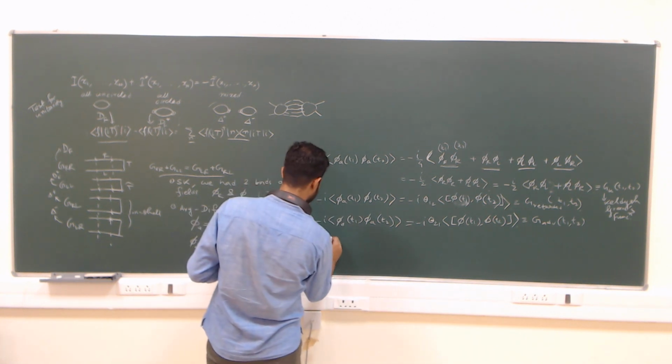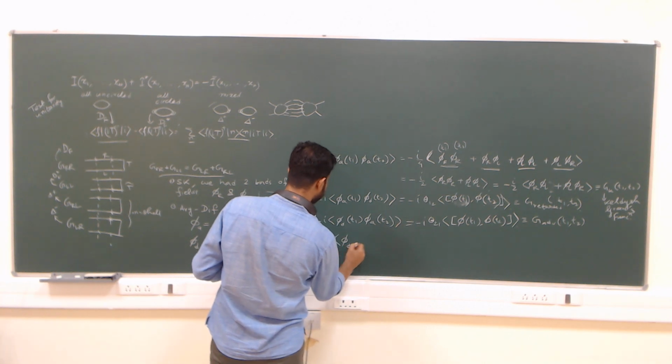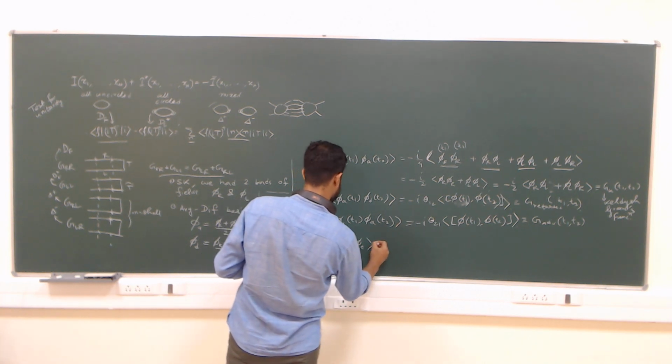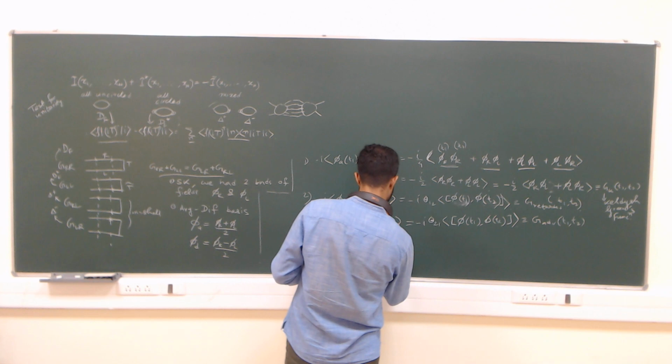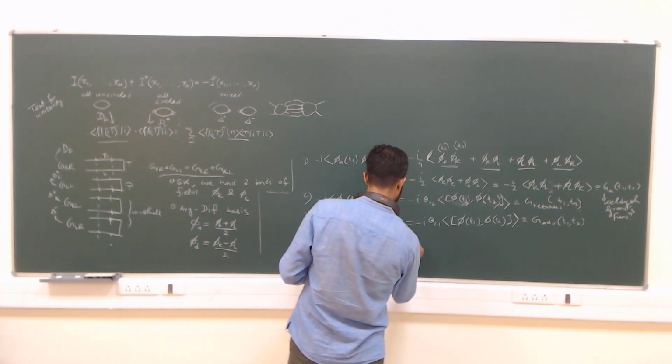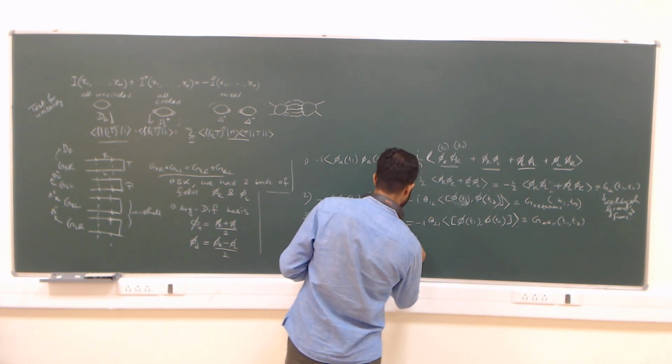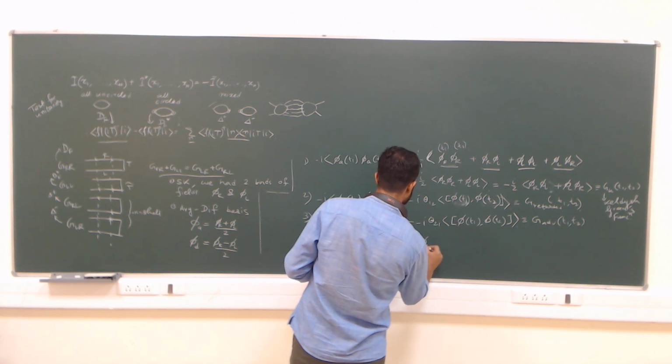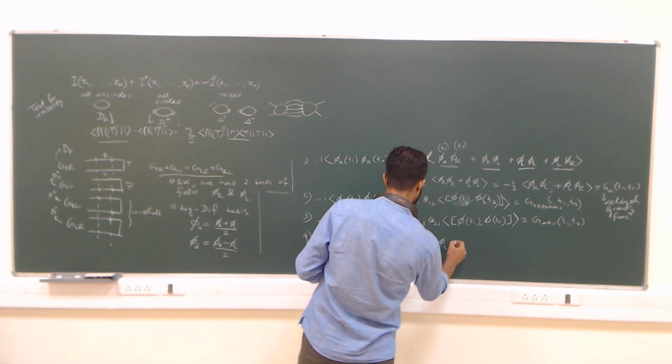The final thing is the phi_d phi_d correlator. In fact, we will be able to show that this will be phi_R phi_R plus phi_L phi_L.